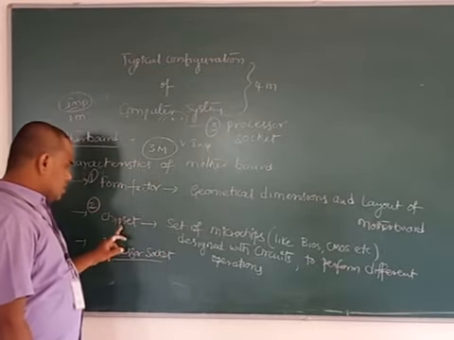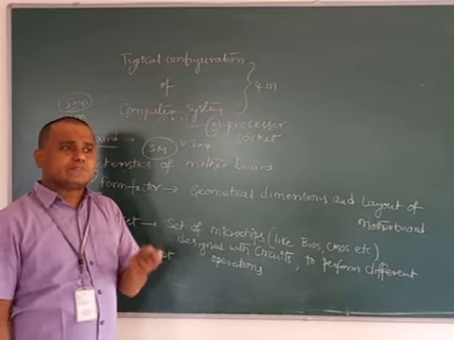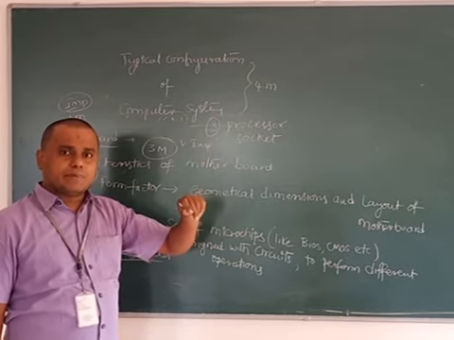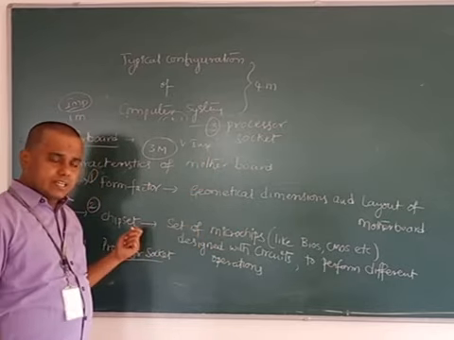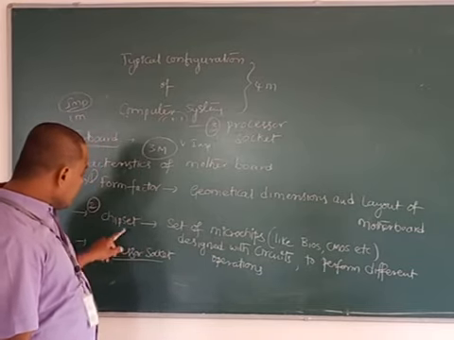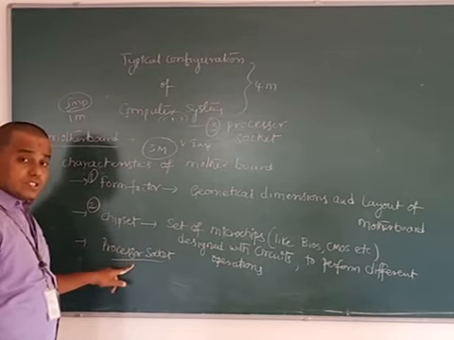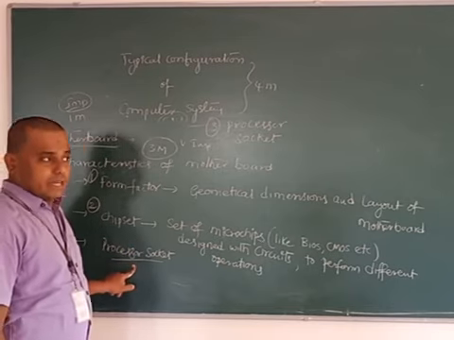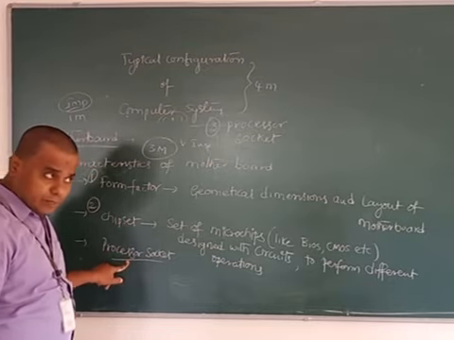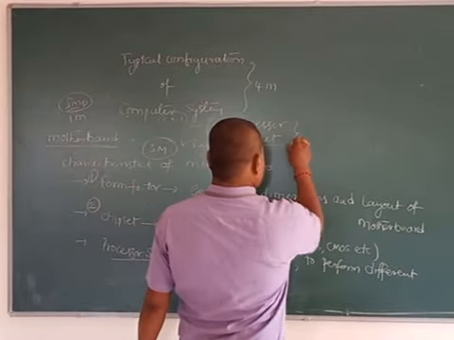Some companies like Intel manufacture chipsets of one size, whereas a company like Mercury manufactures chipsets in a different size. Based on the chipset size, the processor socket also has to be manufactured.